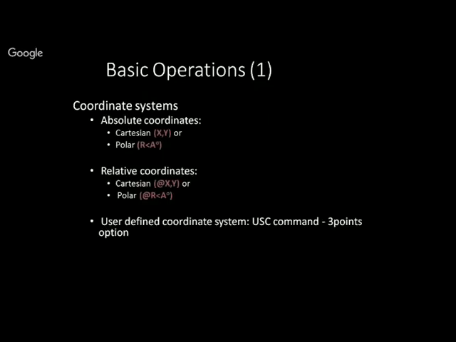And there is another method known as relative coordinates, under which whether you are using Cartesian or polar, the new point will be relative to your previous point, not to your 0,0 or the starting point of the UCS, you can say. What is this? UCS is user coordinate system. Yes, right. Sorry.